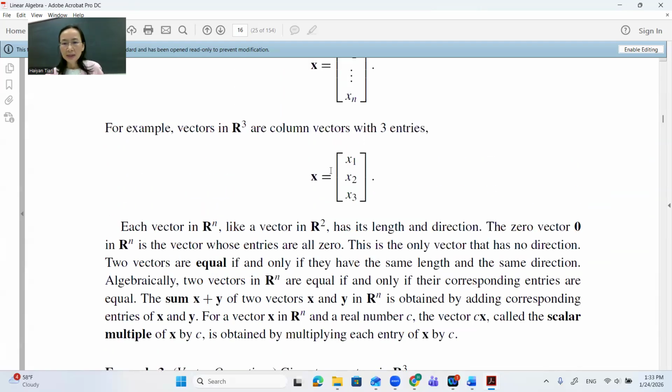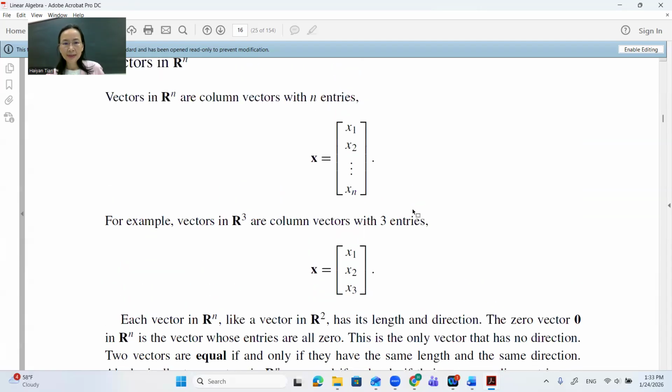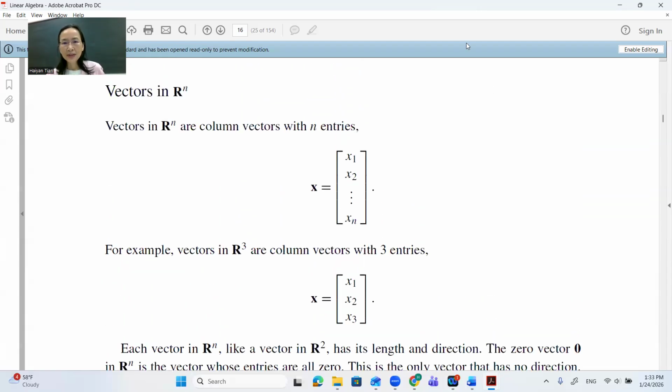What is n? A vector with n entries. n can be 2. In that case, we will look at vectors in R2, two-dimensional space, and then we can have the sum and scalar multiple, and do the operations to generate new vectors.